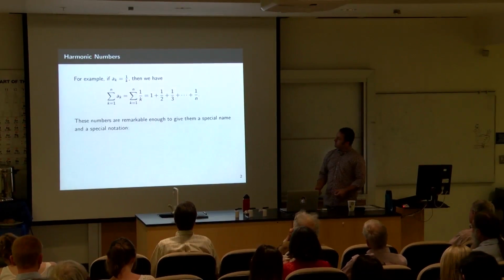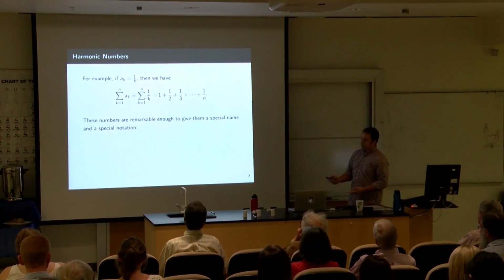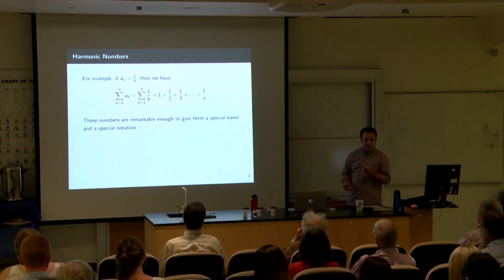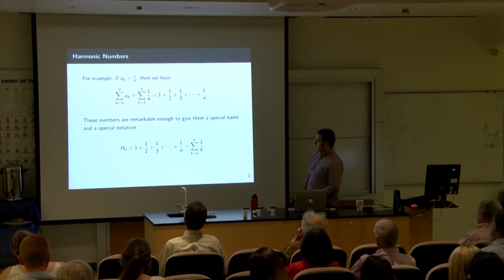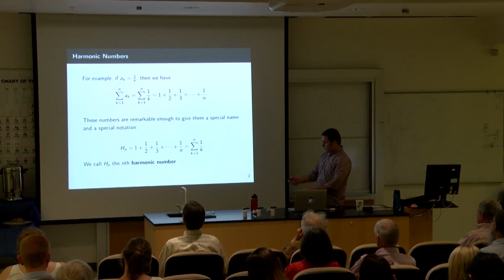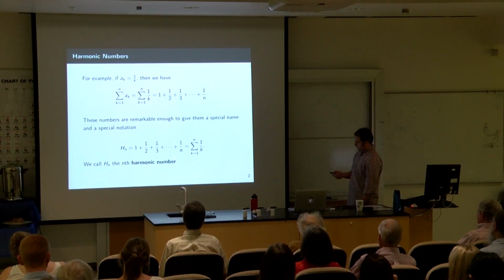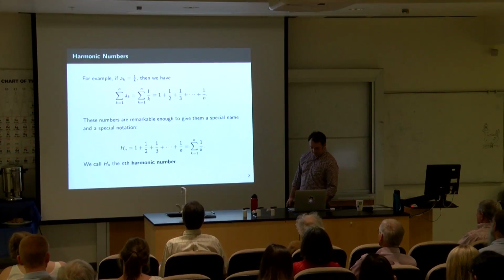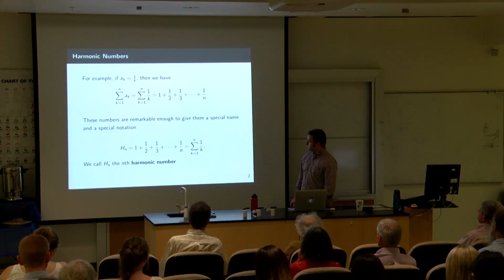If you've seen infinite series in calculus, this might look similar to one example of a sum that you see called the harmonic series. These numbers we call the harmonic numbers. They are the partial sums of the harmonic series. We'll come back to harmonic numbers. They'll be a very important part of this talk.